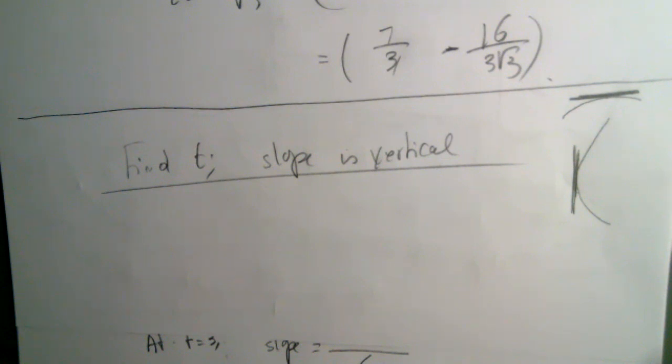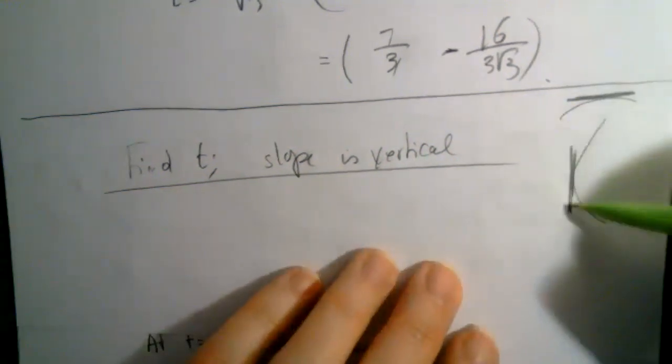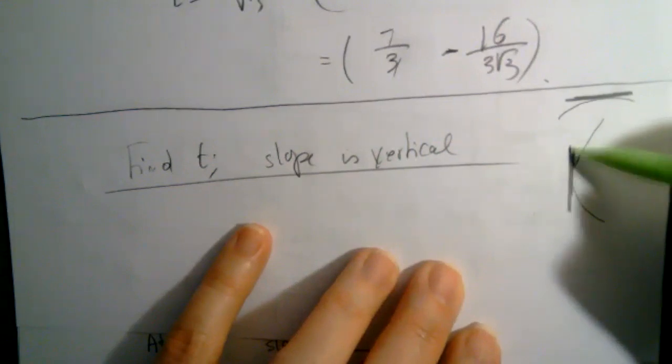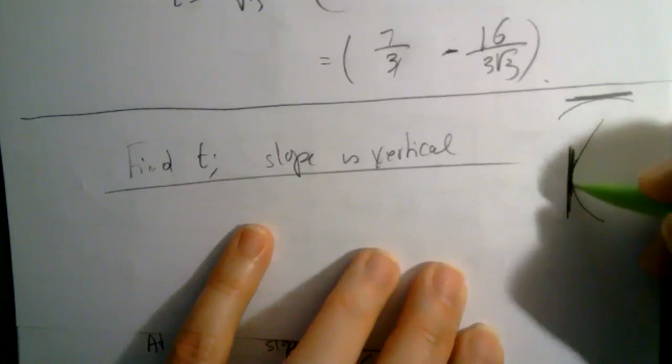Think intuitively. When x prime is 0, and absolutely, Sarah is right. It happens when x prime, dx/dt, is equal to 0. I can give you two reasons. First, since this is vertical, x is barely changing at this stage.